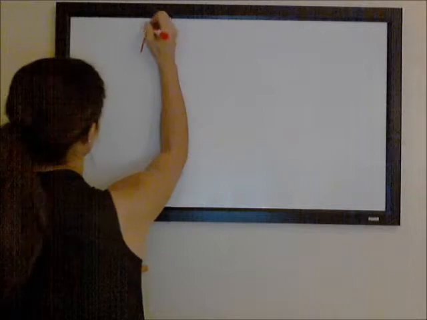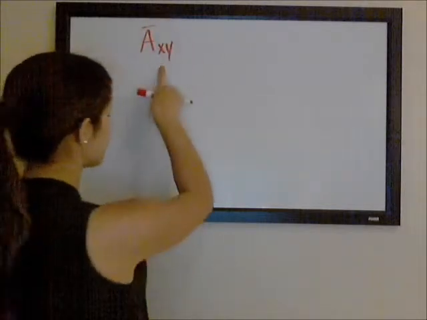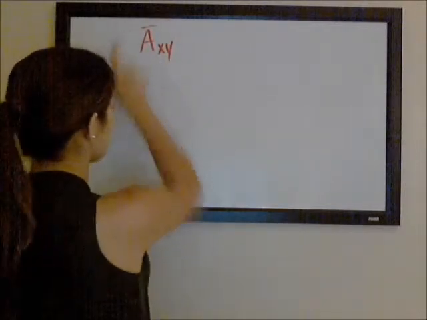So we're looking at the actuarial present value of an insurance on a joint life status payable at the moment of death.